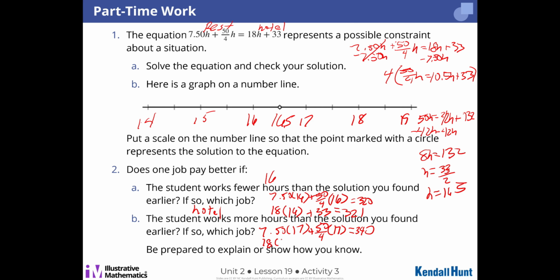So 18(17) plus 33. So that gives us $339.